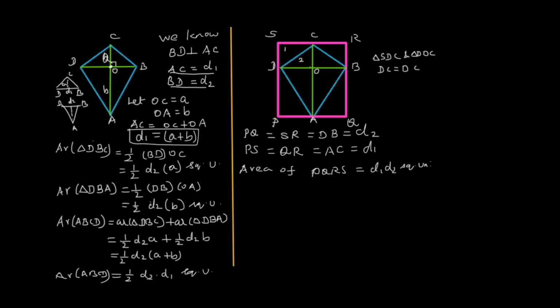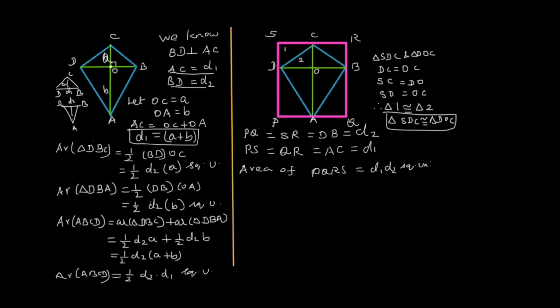And what about the other sides? Here side SC is equal to this side DO, because of parallels, so equal. Then this side SD is equal to side OC. So triangle 1 is congruent to triangle 2, which means triangle SDC is congruent to triangle DOC. These two triangles are congruent to each other.